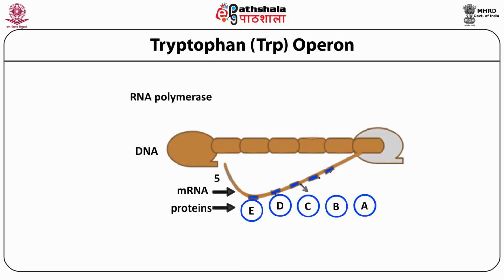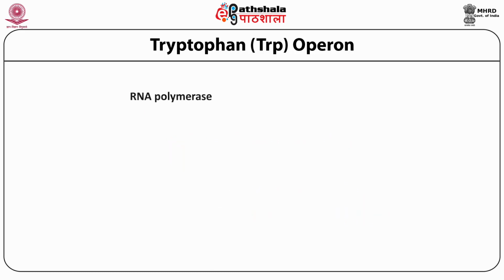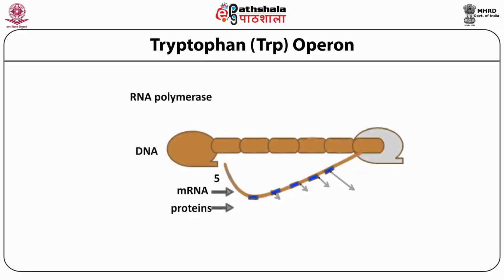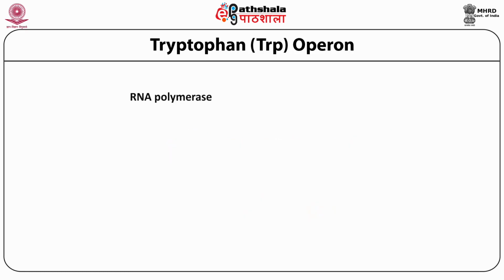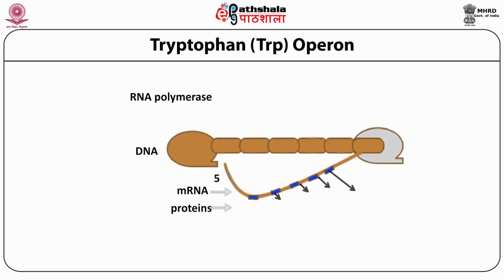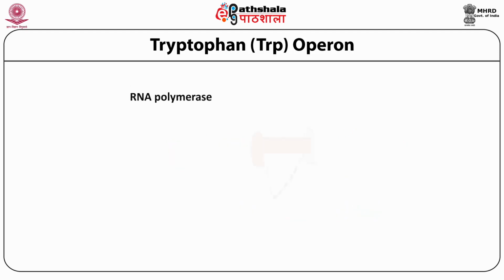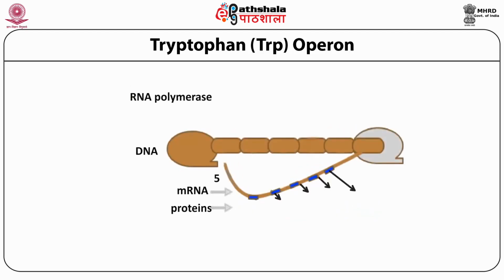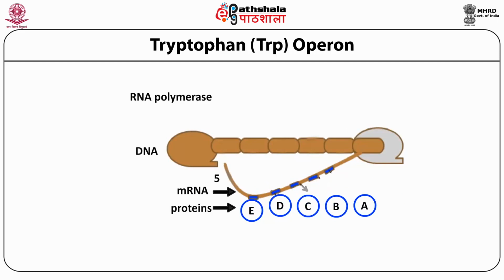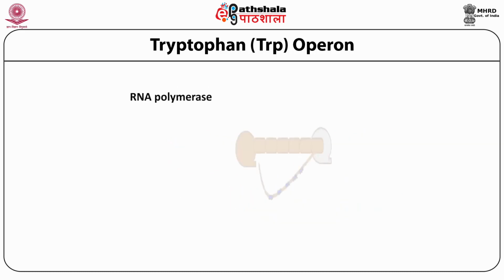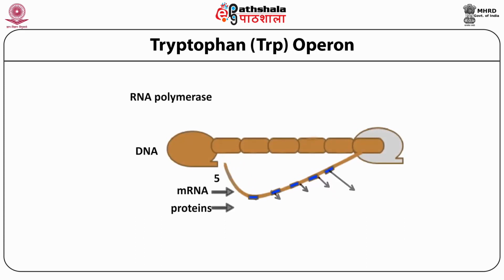All the enzymes are clustered together on a single bacterial chromosome. A single promoter is responsible for the activation of all 5 enzymes, which together constitute a transcription unit.